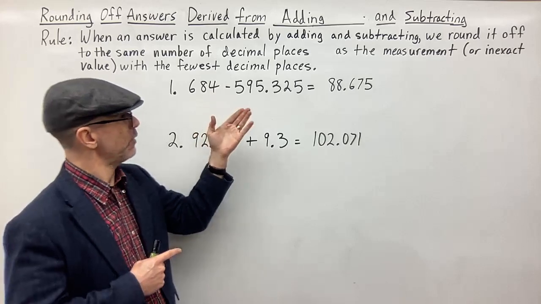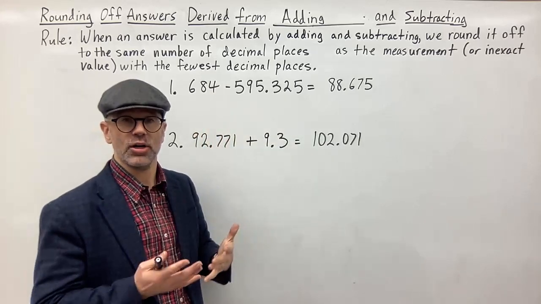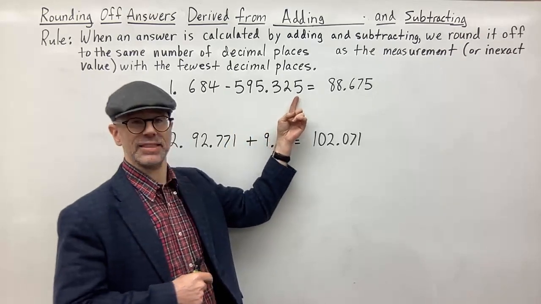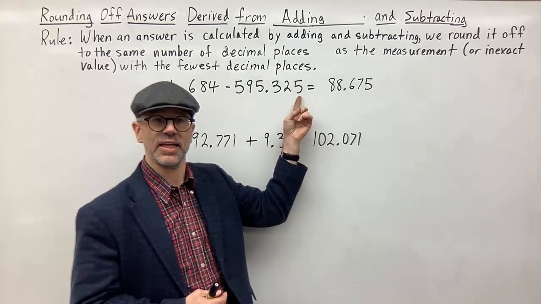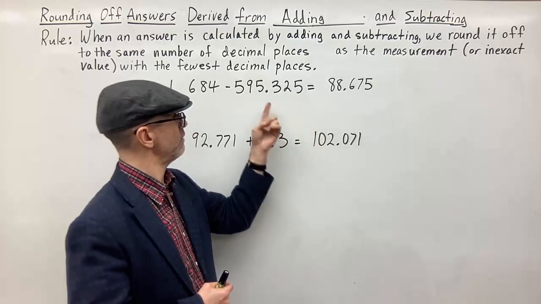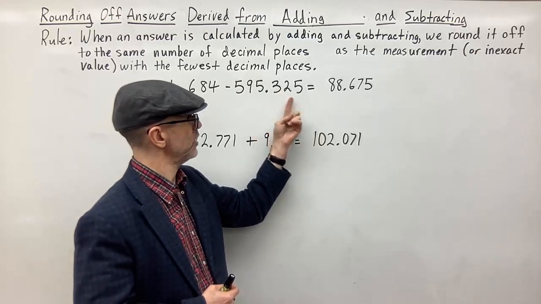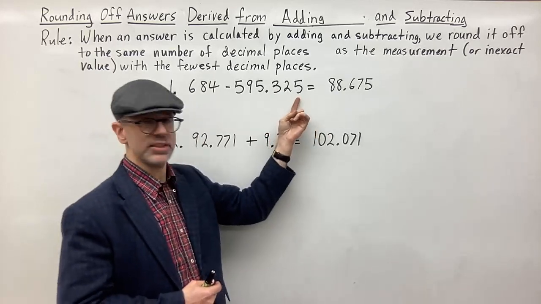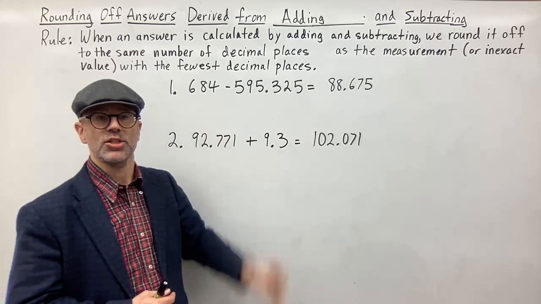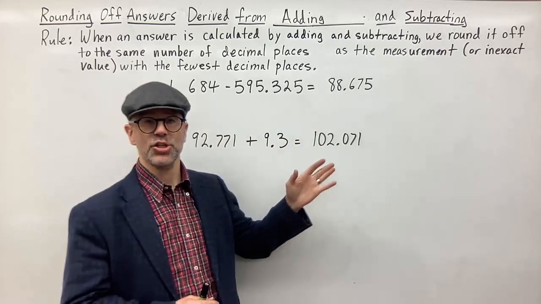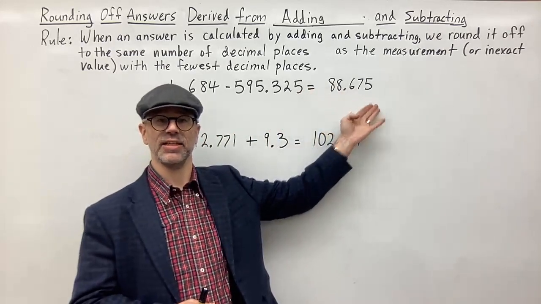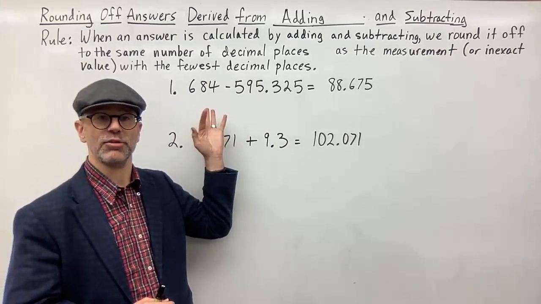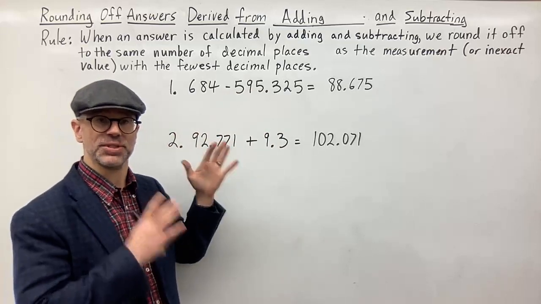Here I have 3 decimal places, or a better way to think about it is my last significant digit is in the thousandths place. So I have the tenths place, hundredths place, thousandths place. So this is more precise than this one. So my answer should have the last digit in the least precise place, whichever measurement has that least precise place.